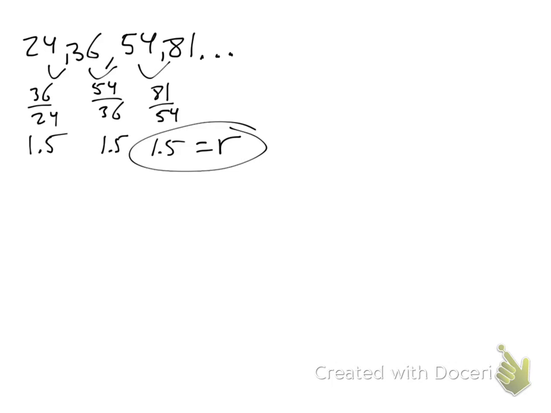Let's think of the 10th term, because it's relatively close, right? The 10th term is right there. So how would I get the 10th term? Wait a minute. Let's think of this. I start at 24 and I multiply by 1.5.